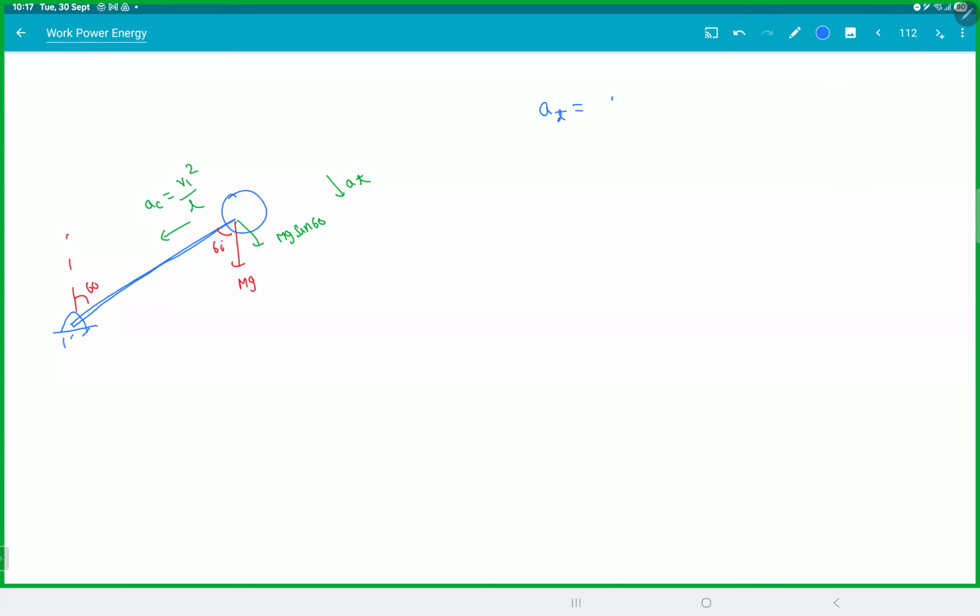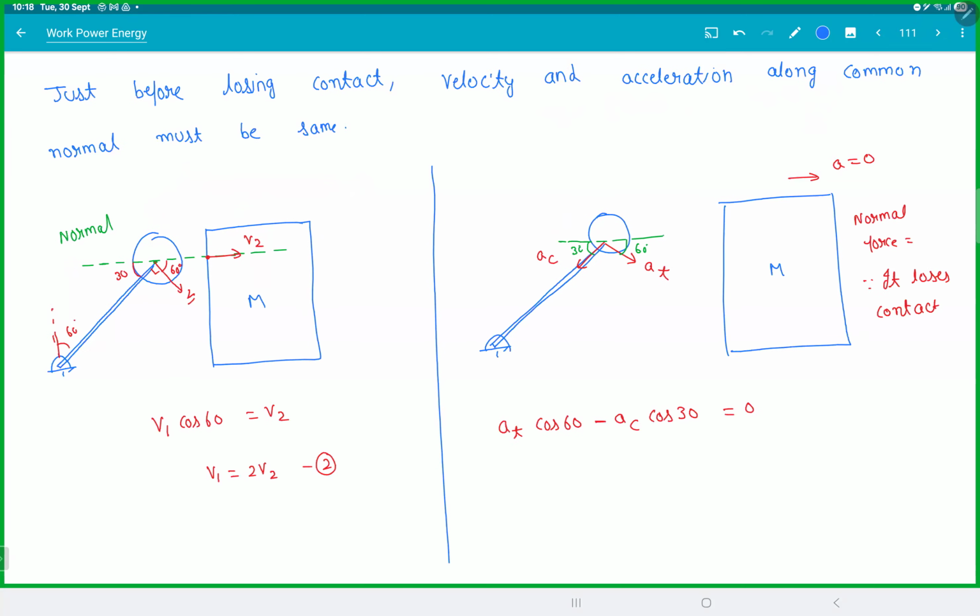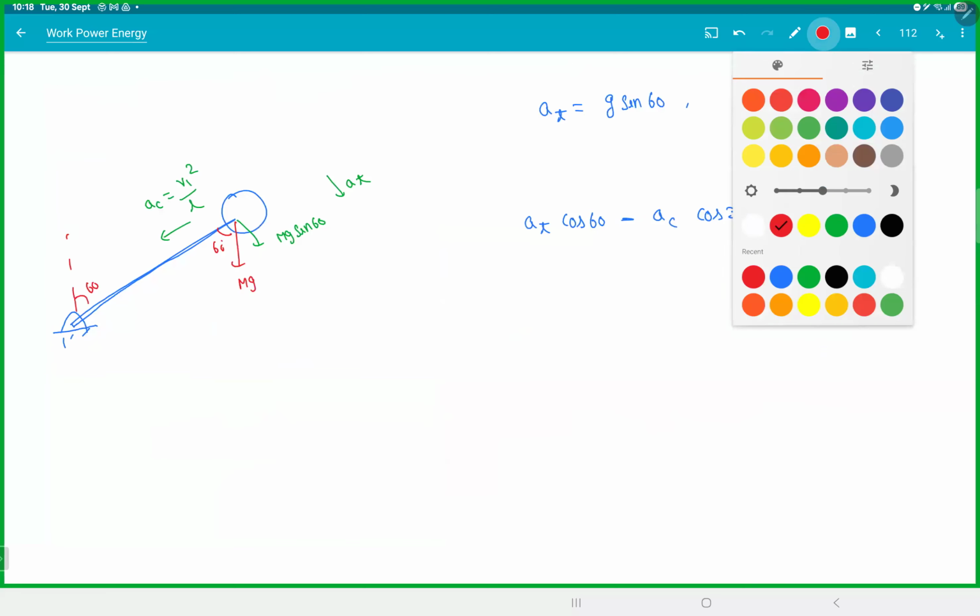So a tangential is g sine 60. A centripetal is V1 square by L. And this is the relation here: a tangential cos 60 minus a centripetal cos 30 must be 0. Basically, this must be equal to the acceleration of capital M, which is 0 because you lost contact, so there is nothing there.